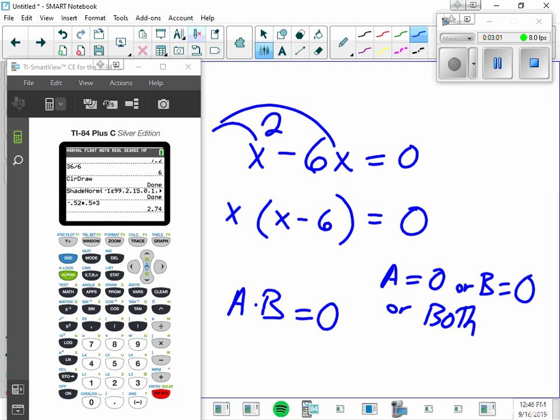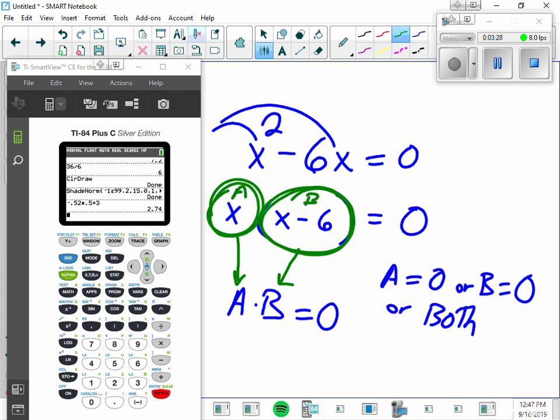Now, let me blend it into the one above. This is A. And this is B. Does that make sense? Because I just have a multiplication here. I have x times x minus 6. So I could call this A and I could call this B. Well, because that equals 0, I have a multiplication that equals 0.